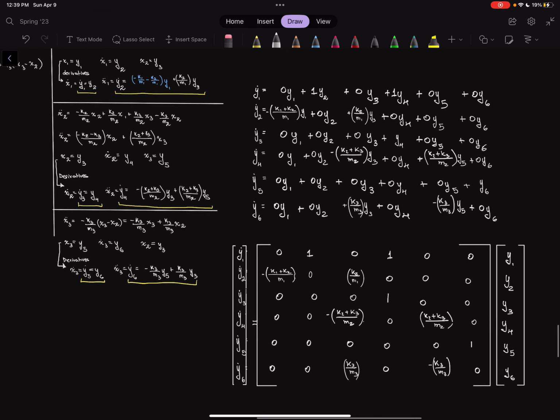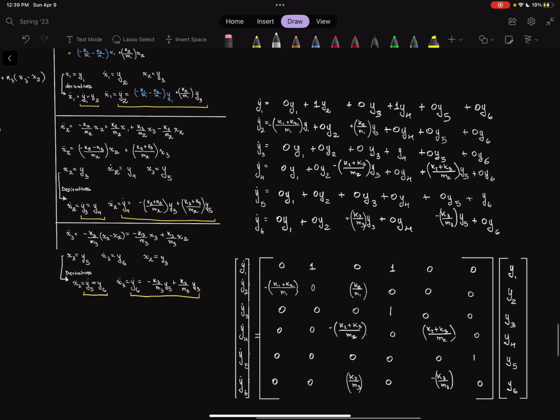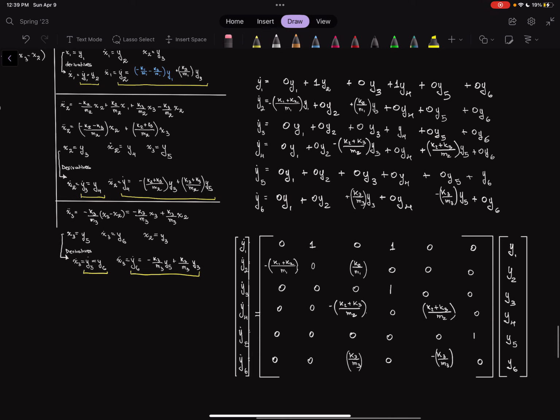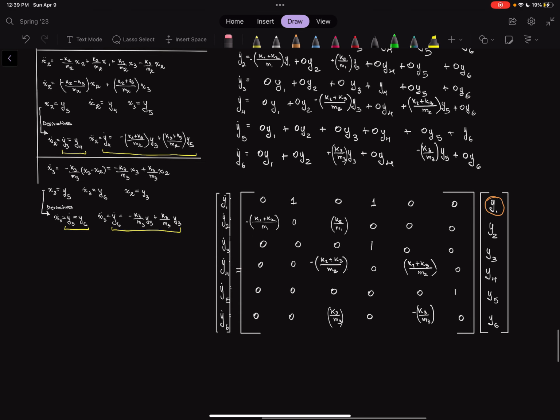Well, we were interested in x1, which is y1. So we're interested in this function. Then we're interested in x2, which is y3. Interested in this function. And then we're interested in x3, which is this function over here. The other ones are, as you see, their velocities as we have defined them.